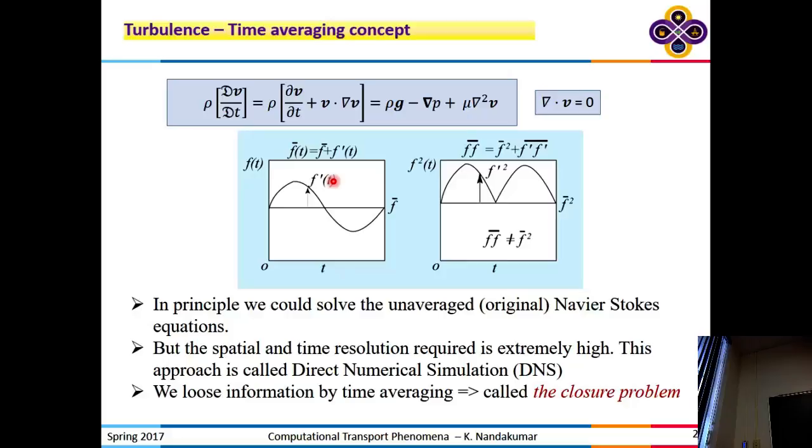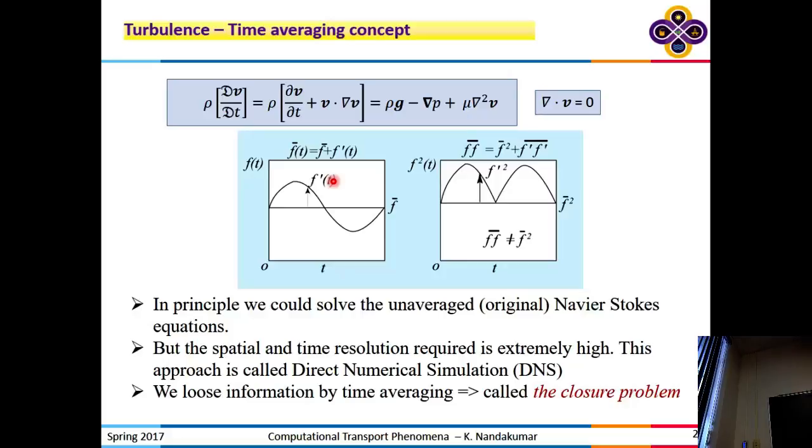So what I'm going to end up with here is, when I expand this, I need to substitute this as (v bar plus v prime) dot del (v bar plus v prime). I need to integrate that, so I need to expand that. When I expand this, I will get v bar dot del v bar, which is, if I get only that, I'm happy, because then I will get the complete mean field equation, right?